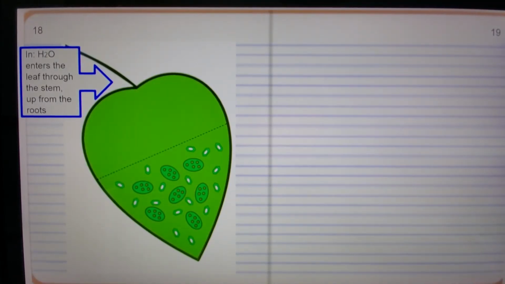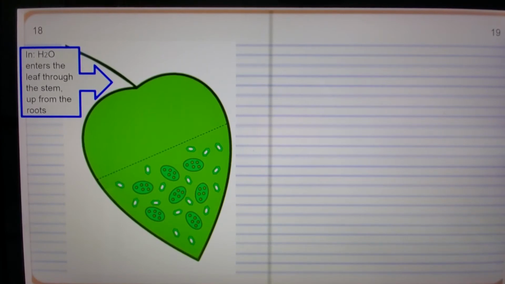So you're going to be drawing this giant leaf on page 18 of your notes. You can see down at the bottom, I've kind of just split it. Down at the bottom, you have those oval-shaped things that have little circles inside. And then the other ones, I think they're like hexagons or something. And then the white part is the hole that goes inside of the leaf.